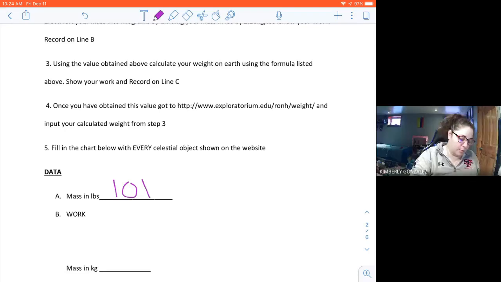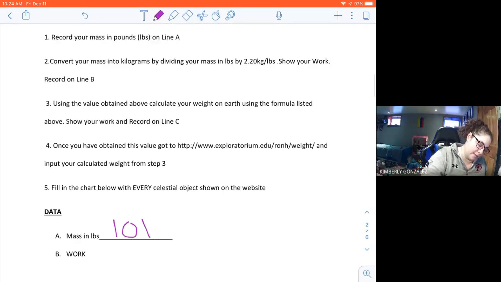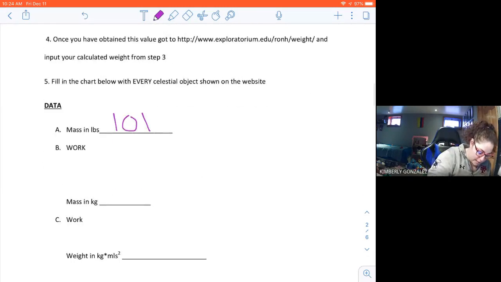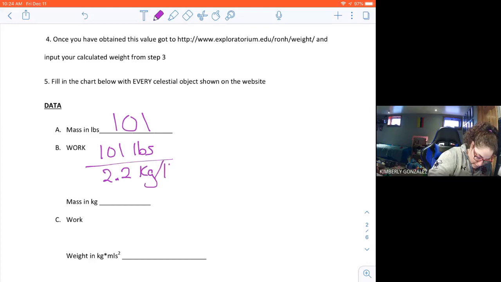Okay. All right. So now we have my mass in pounds from when I was in high school, right? And then according to this, it says convert your mass into kilograms by dividing your mass by 2.2 kilograms per pound. So I'm going to take the 101 pounds and divide it by 2.2 kilograms per pound.